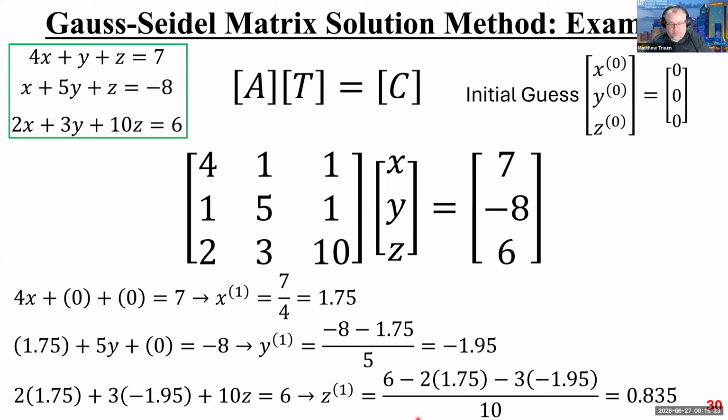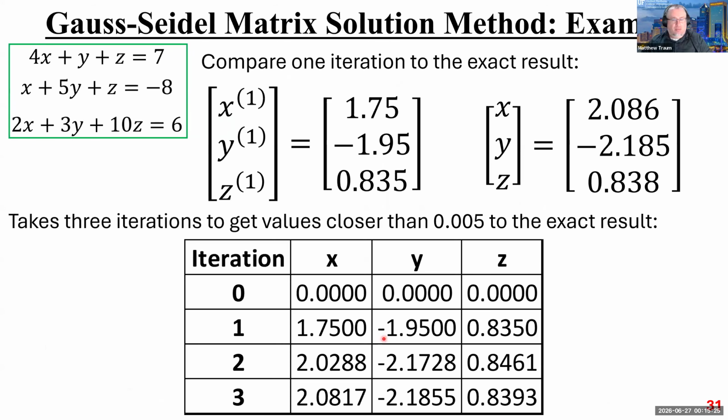This is just one iteration. After 3 iterations, you get down to the point where the values are less than 0.005 from the exact result, right? That's probably better than any thermocouple or thermistor that you're going to run into, at least from a vendor, without doing a lot of extra work to calibrate them. And so that's probably a good convergence point.